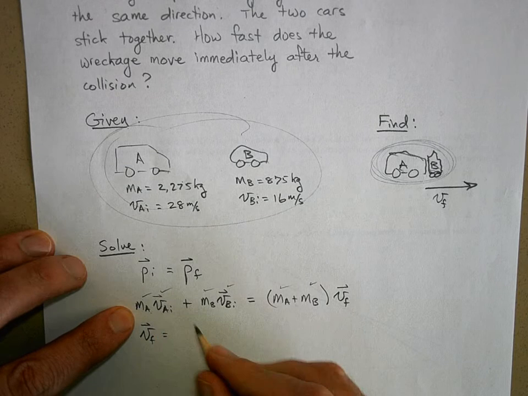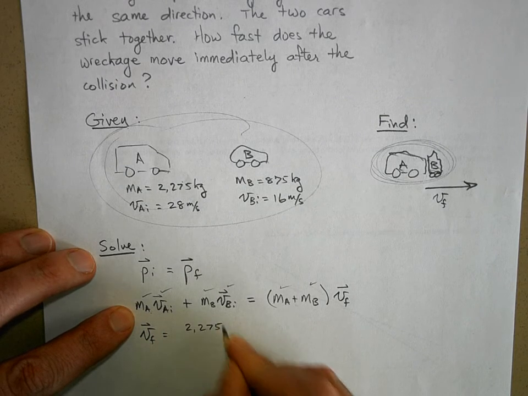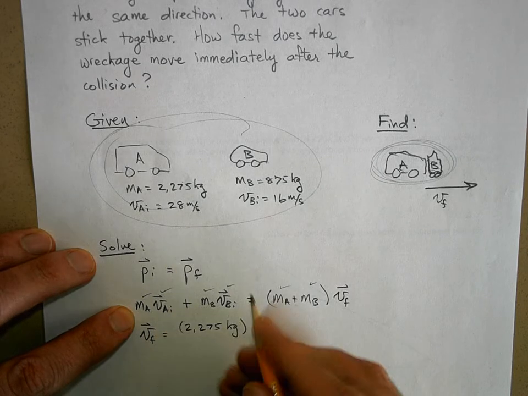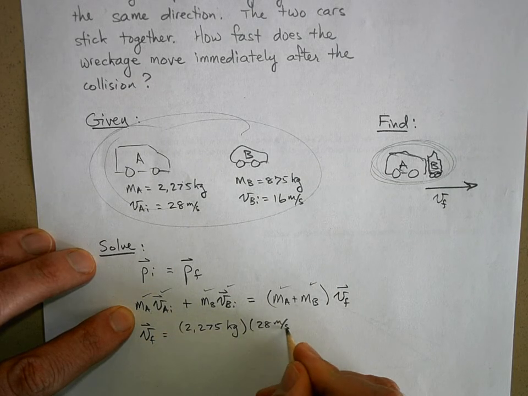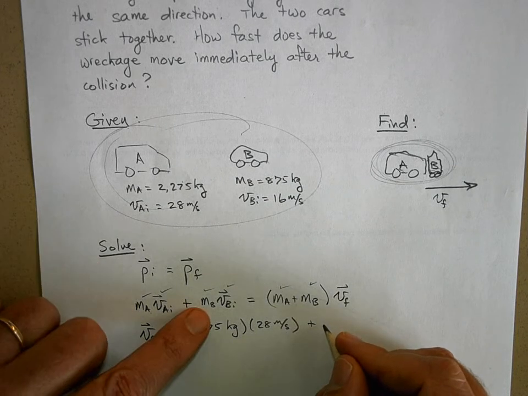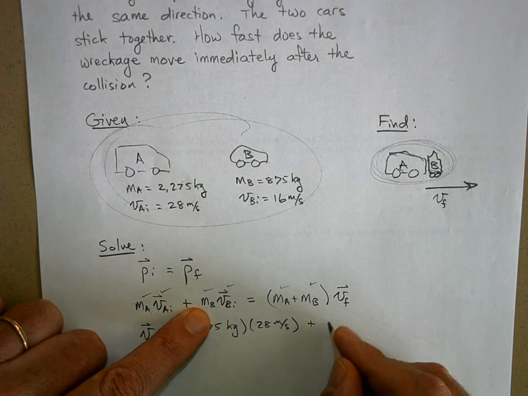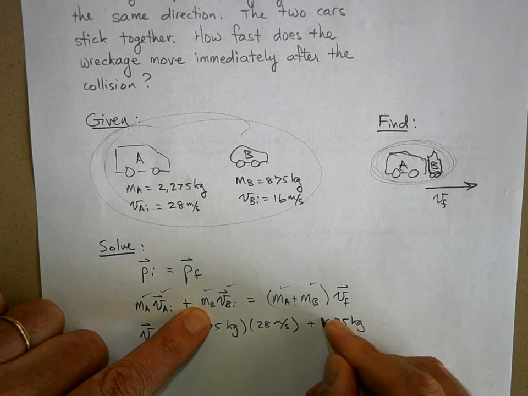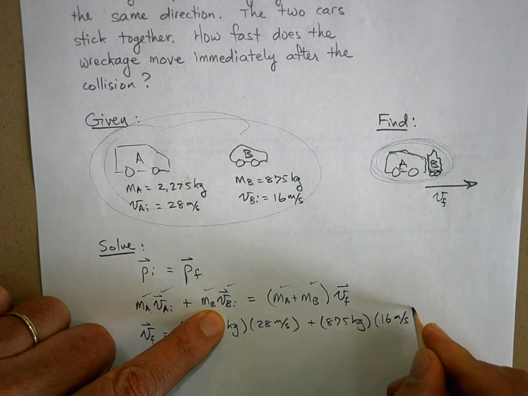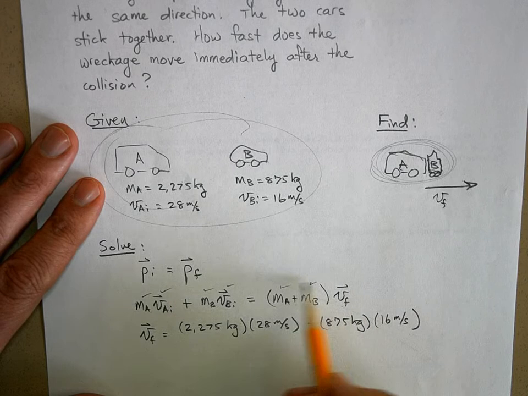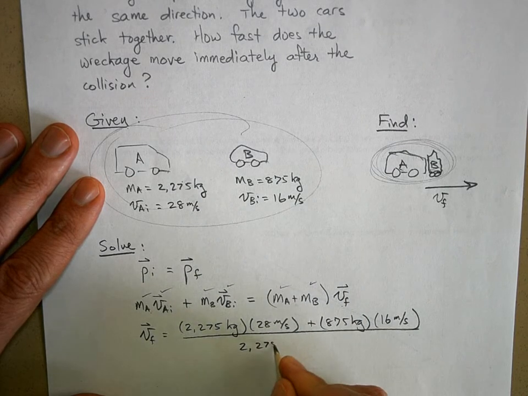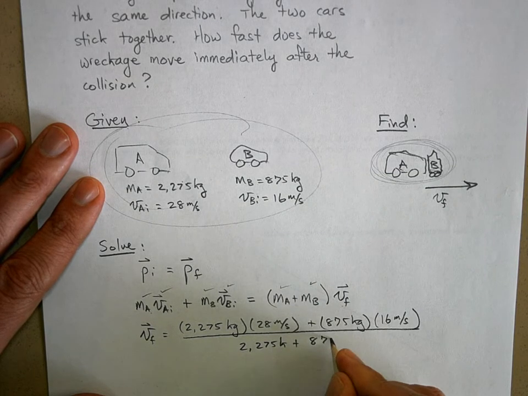It's MA, the mass of car A, and it's moving in a positive direction, so it's plus the mass of car B, right here, times its given initial velocity. And then to solve for this, I divide by the total mass, which is 2,275 kilograms plus 875 kilograms.